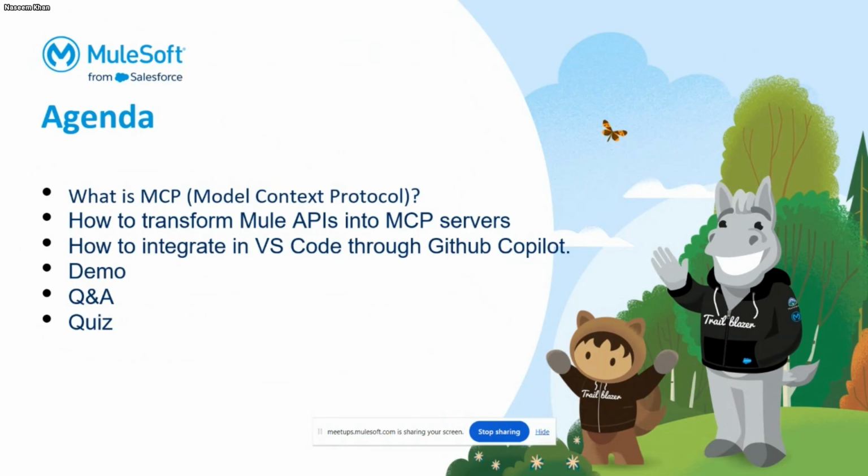Without writing any separate flow to expose them as an MCP tool, we can directly expose our existing endpoints as MCP resources, so that they can be consumed by an AI client or AI agent. And I'll show how we can install the MCP servers into VS Code, and how we can make use of them through GitHub Copilot.